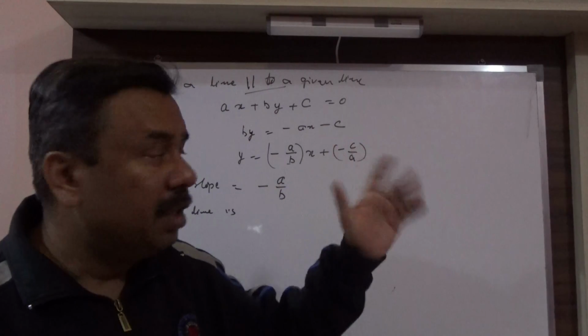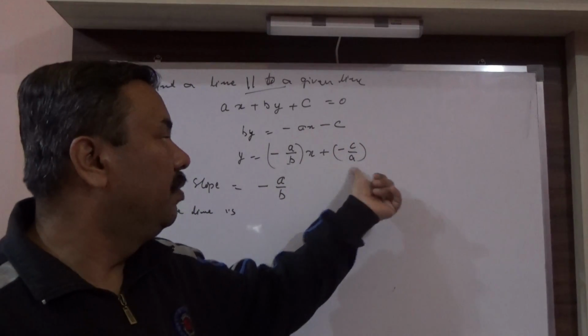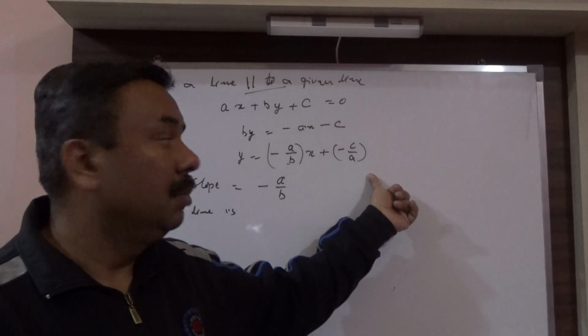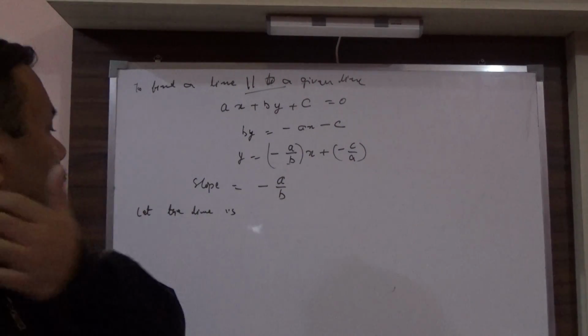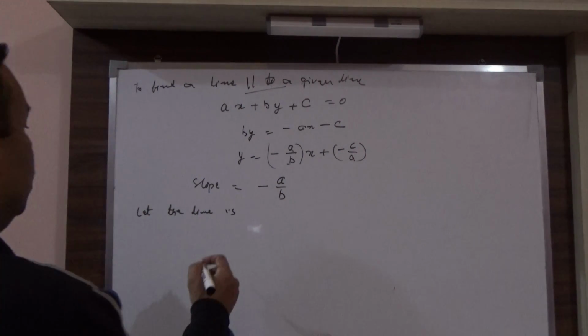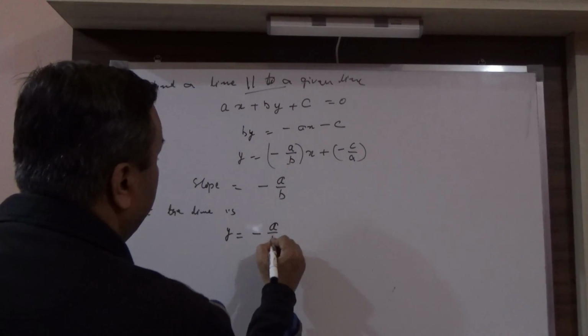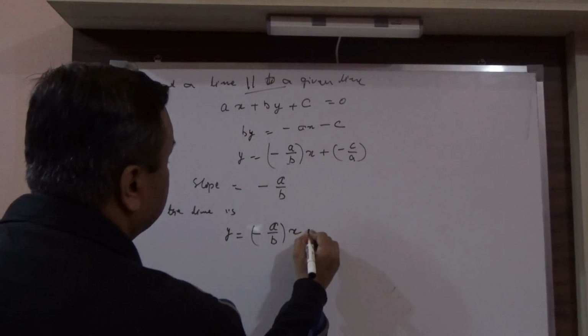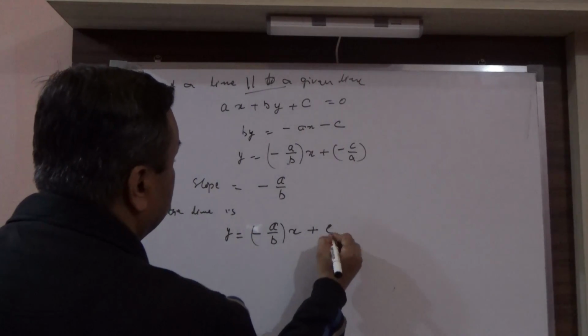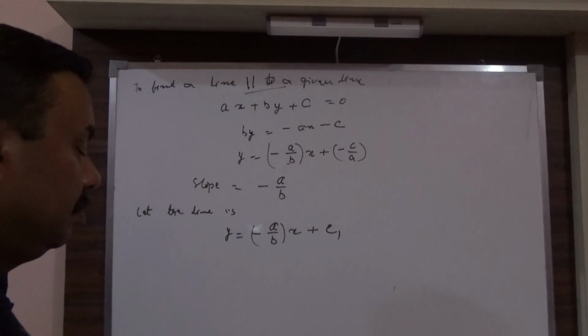What will be the difference? The difference will be in this constant, that is the y intercept. So suppose that the new line is y is equal to minus a by b x plus c1.